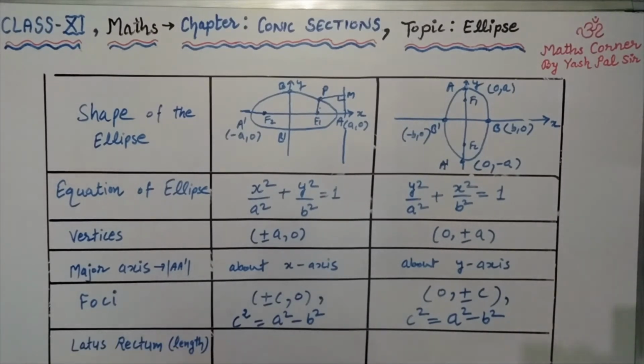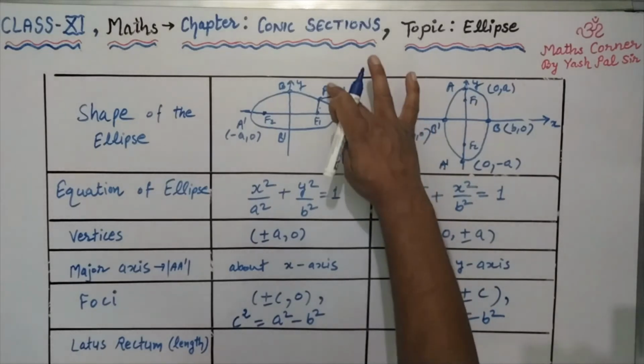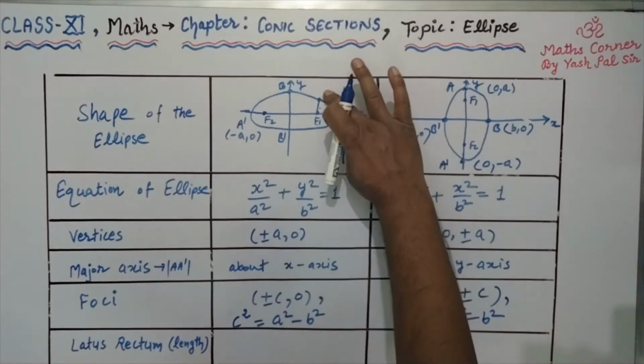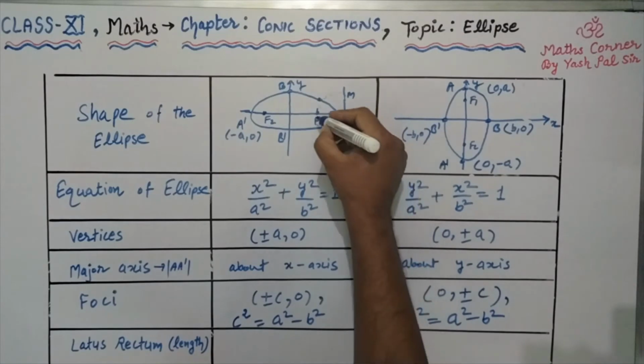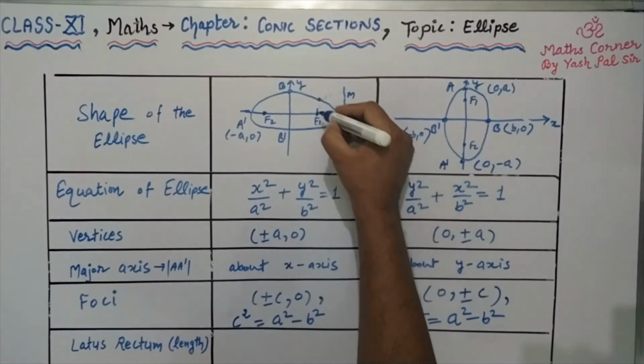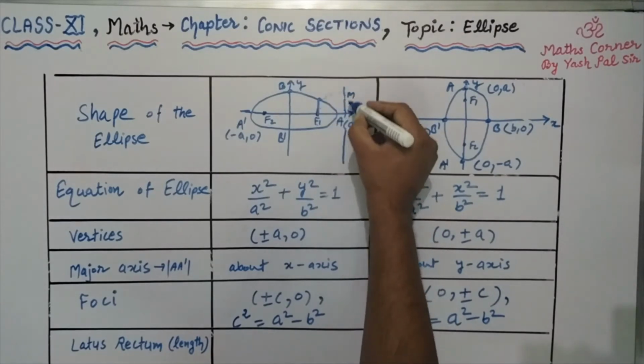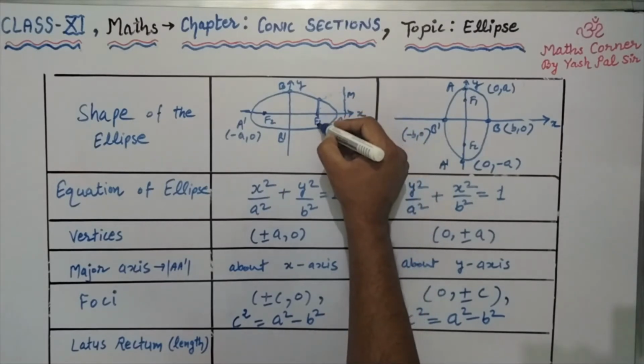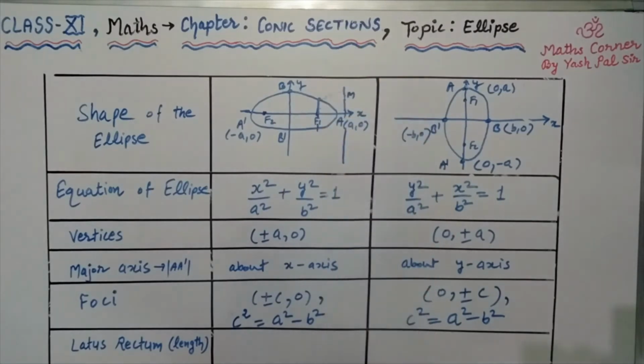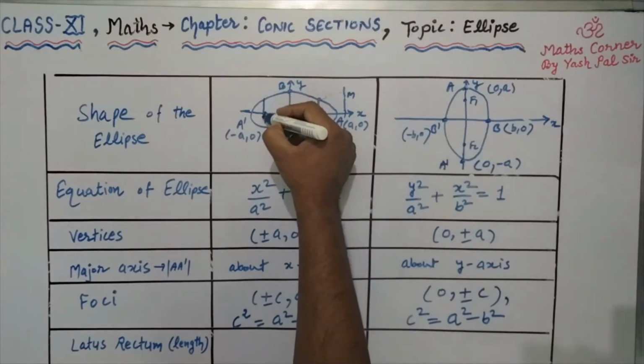Next we have the latus rectum, the length of the latus rectum. First of all, what is the latus rectum? Latus rectum means the line through the focus parallel to the directrix. This distance is called the length of the latus rectum.